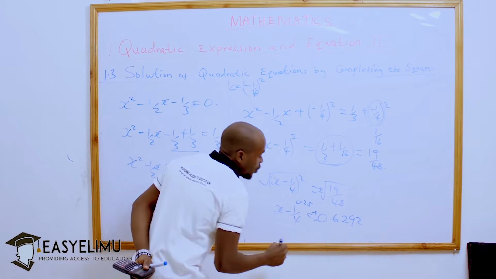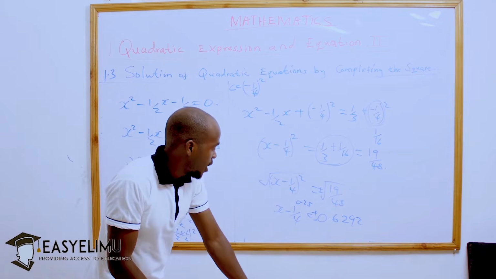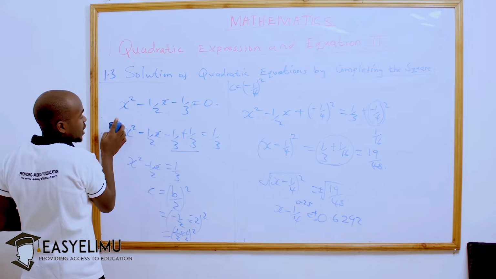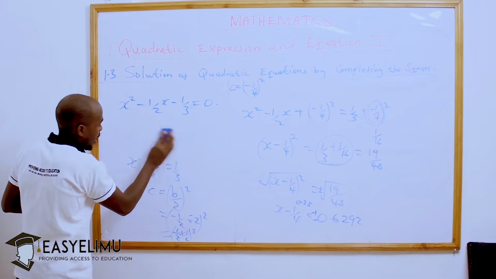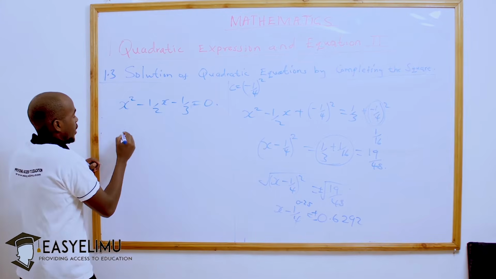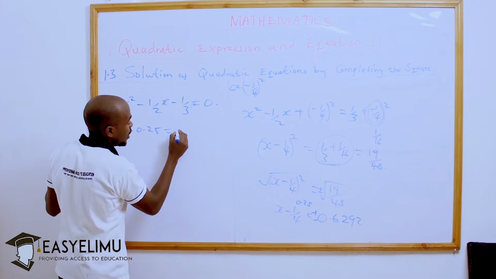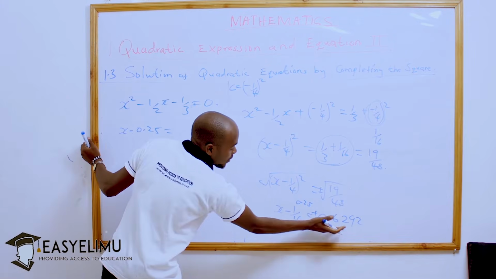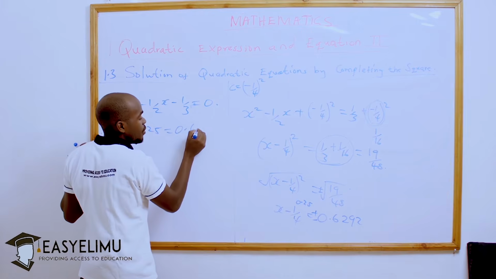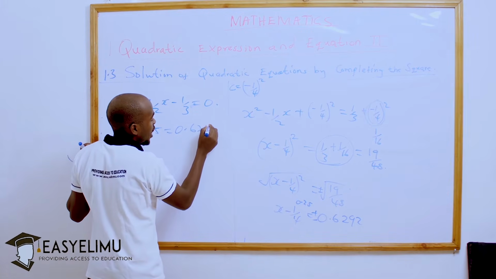So we may take that answer as either positive or negative. On doing that, we shall end up with x minus 0.25 equal to, let's consider this answer as positive, positive 0.6292.